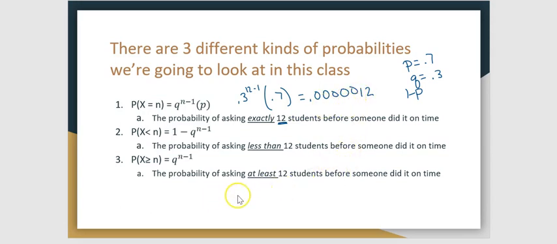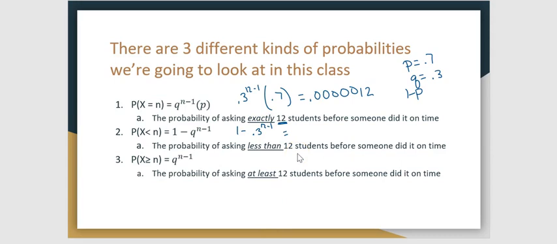Okay, now we have the probability of asking less than 12 students. And so here's my formula. So 1 minus Q, which is 0.3, to the n minus 1. So 1 minus 0.3 to the 11th is what that ends up being.